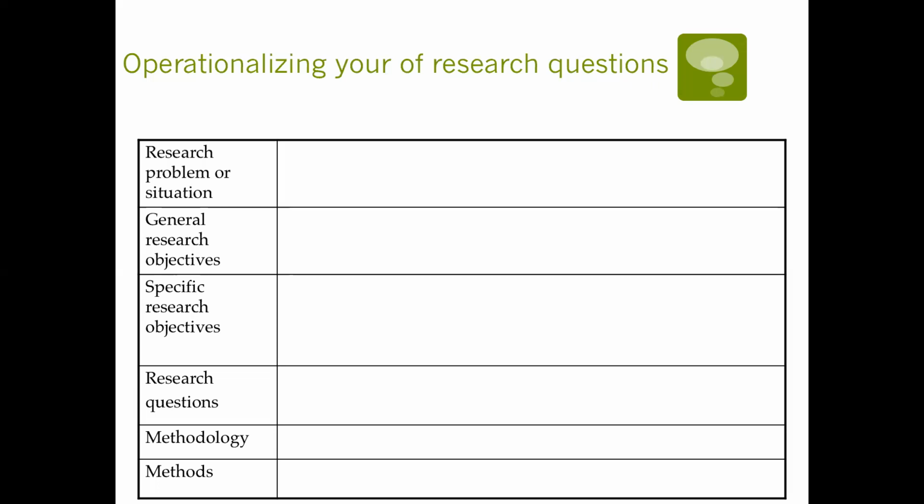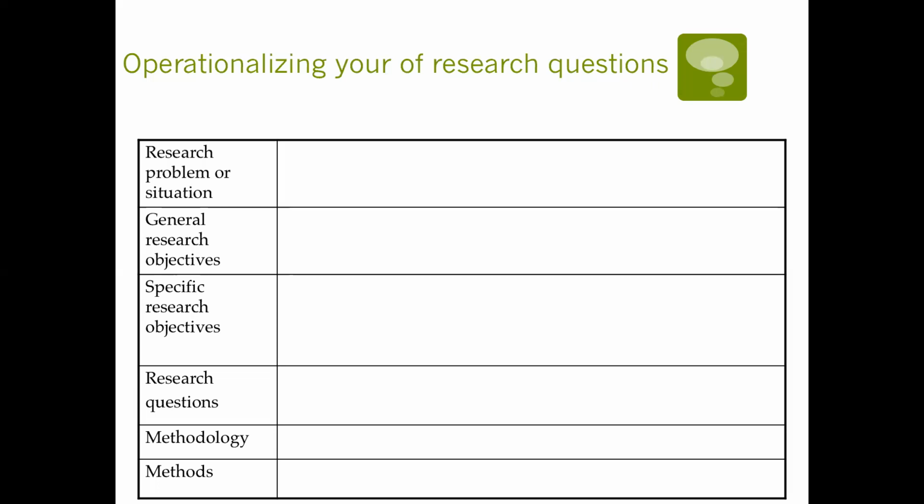And then finally, the methods. The methods is what you actually do, right? So if you're going to do a life history, for example, of people who say that they have learned English through watching television, then you're going to do in-depth interviews and maybe multiple in-depth interviews.